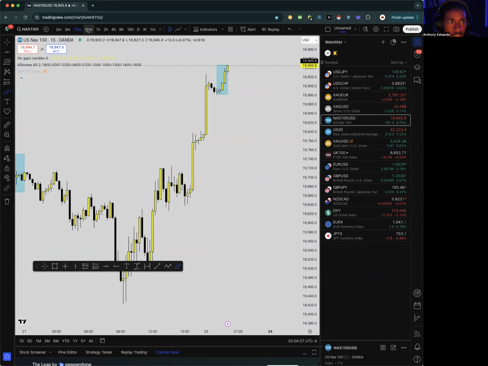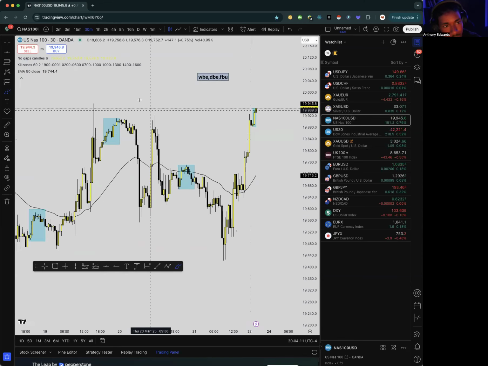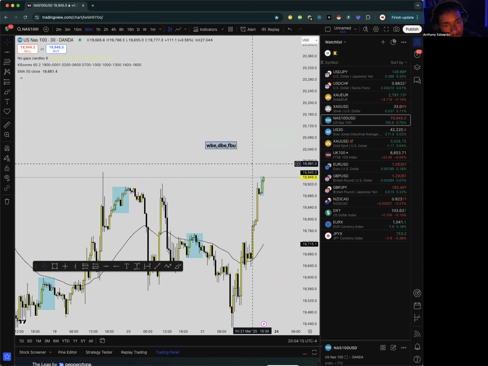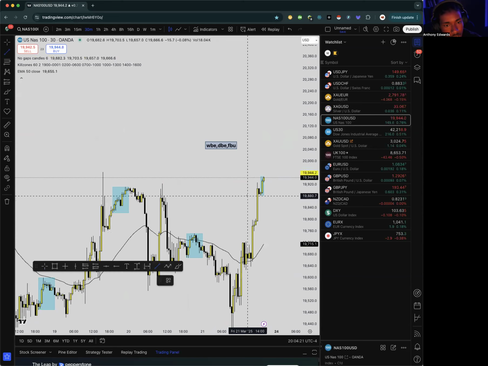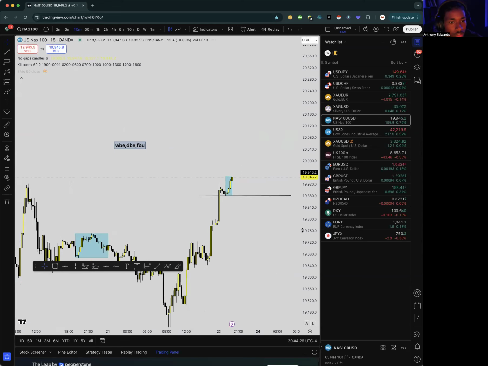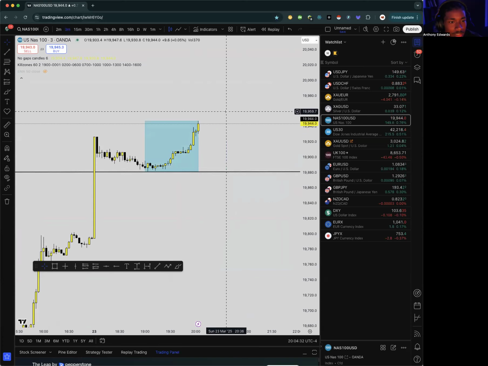Nasdaq, you can see clearly making some newer highs. I don't imagine price is coming back anytime soon, but it did create this low right here. I wouldn't even say that for Asian it's consolidating.